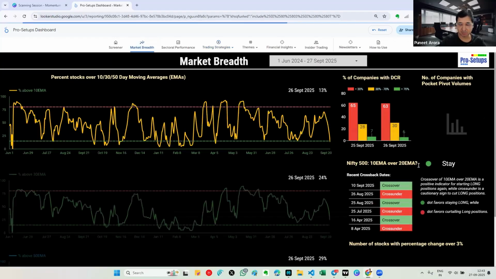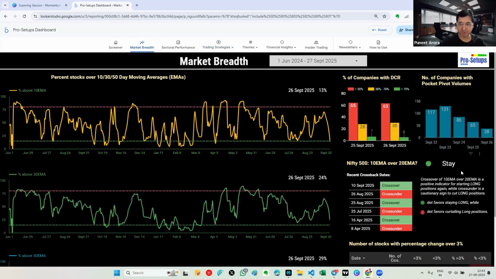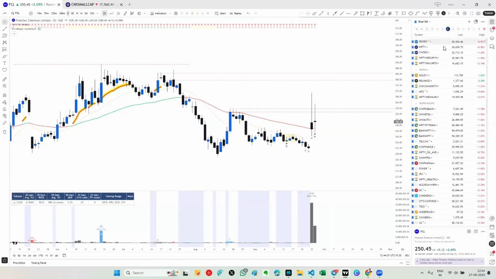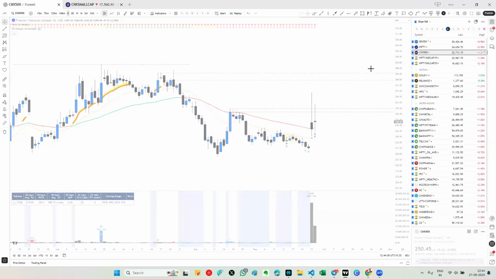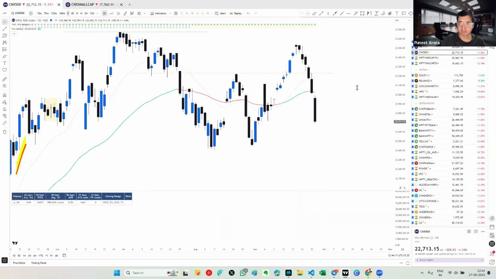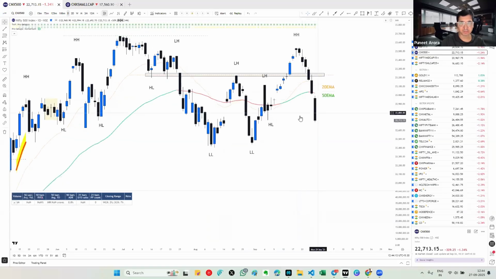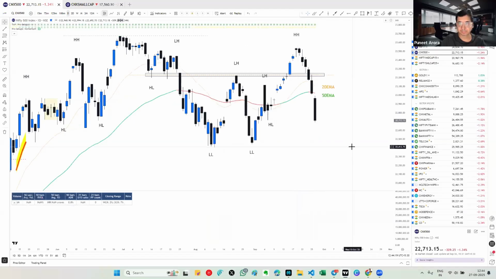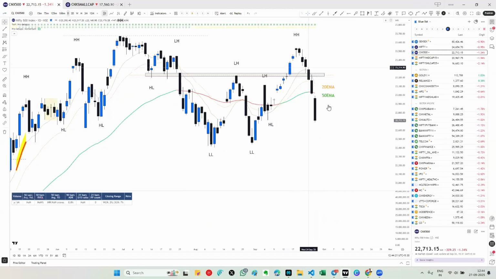So right now 10 EMA is over 20 EMA, right? But if you see the chart, the 10 EMA might be coming down. Pretty bad situation right now. So this is the 20 EMA. The 50 has just turned.